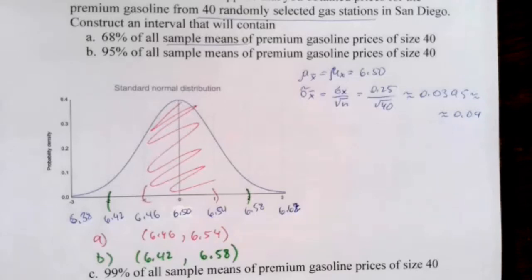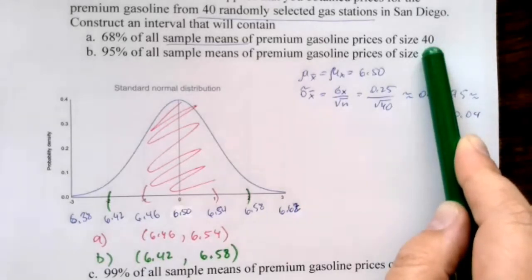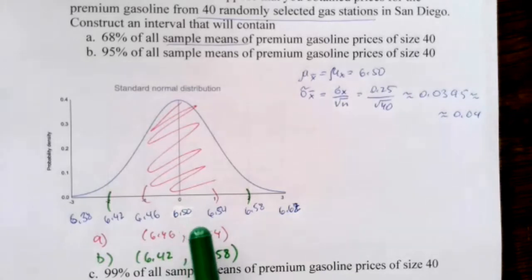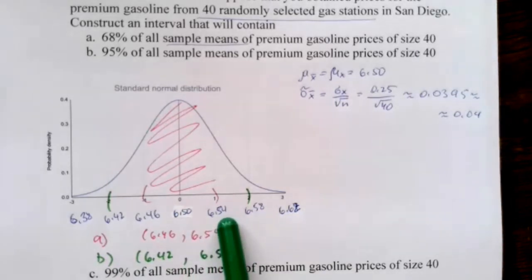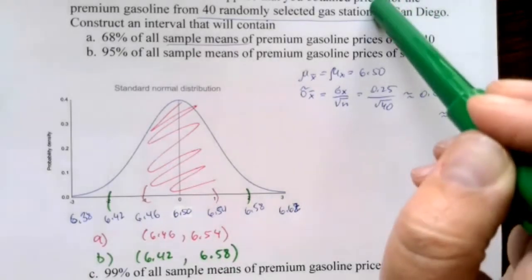I'm going to repeat that again because that's important. If the sample mean is close to, and we could put a percentage on how close it is, like for example, for 6.54, that's a 68% chance that it's close to the mean of the population.